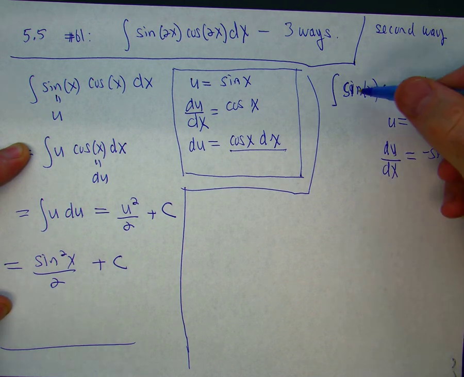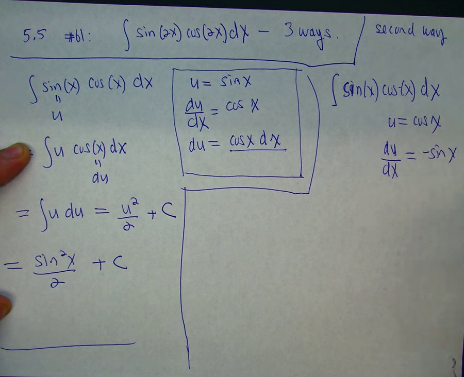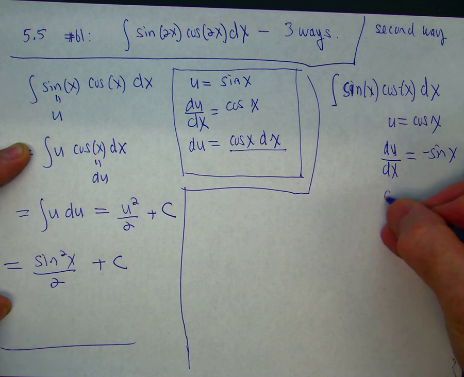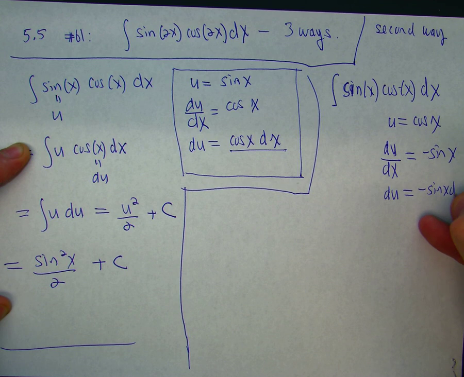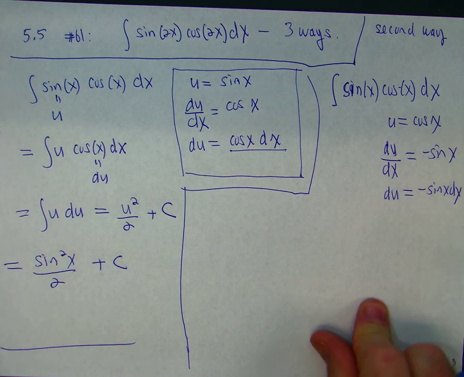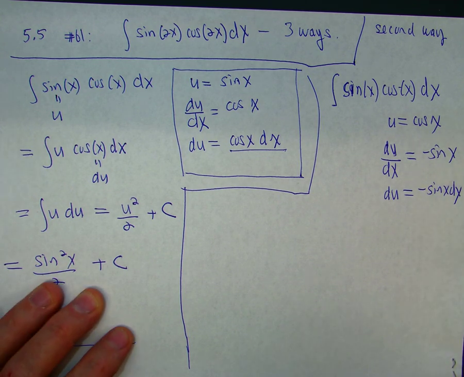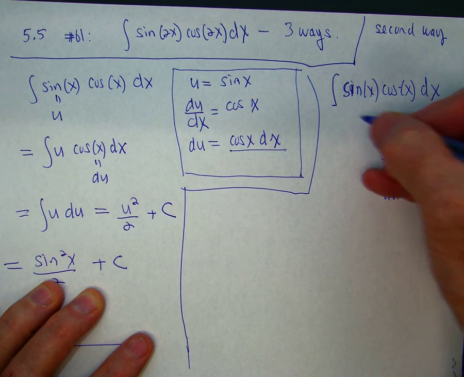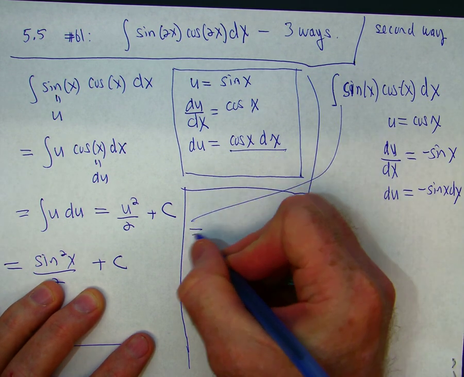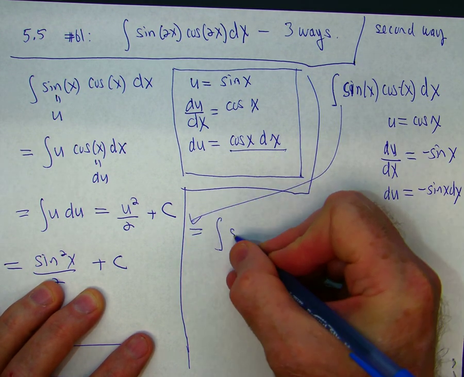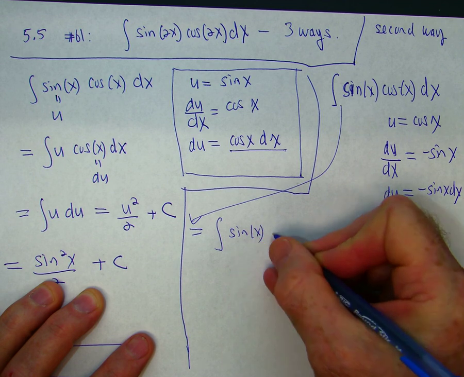This is going to be my u, then that looks pretty close. And so I'll get du alone. Okay, so this integral, write it over here. I'm going to get sine x u dx.